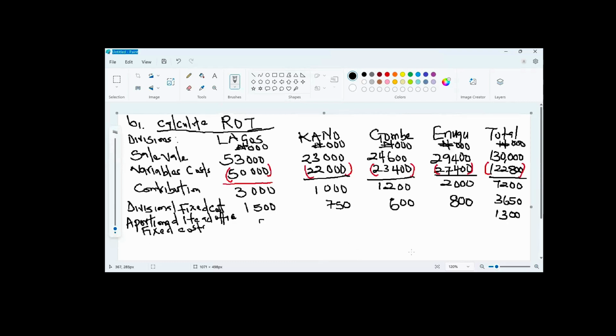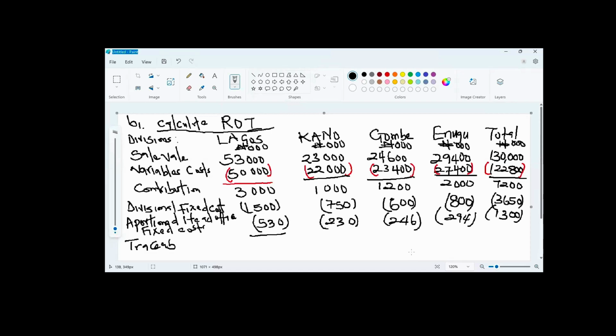Just come here: 530, 230, 246, 294. We are going to subtract these. Now you can get what we call traceable profit.